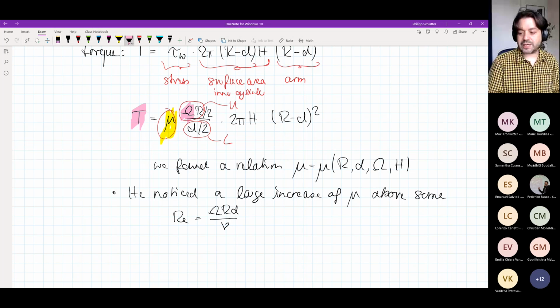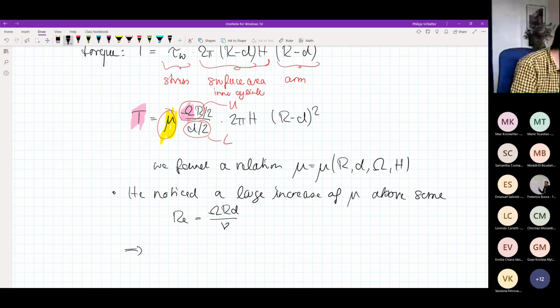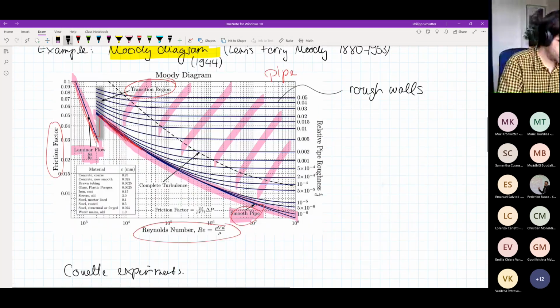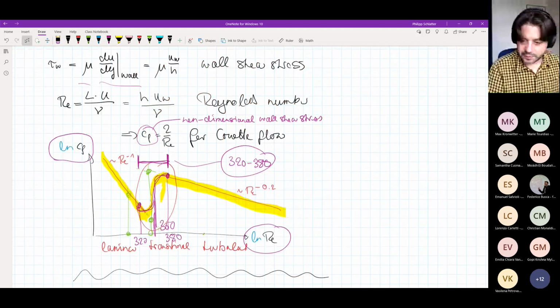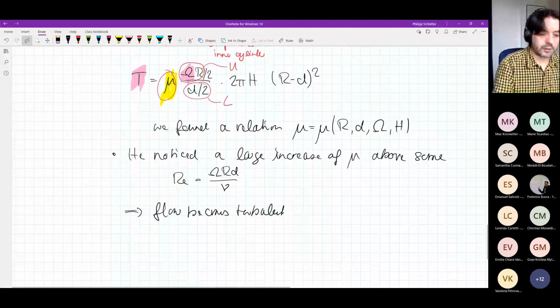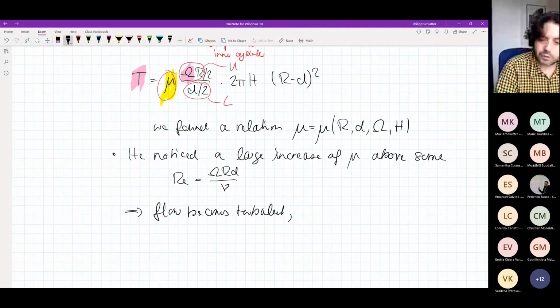And of course, there was a slight problem, because that doesn't really fit together with the idea of a Newtonian fluid, where the viscosity is a constant. It just multiplies the strain rate. Well, of course, now we know what happened. The flow became turbulent. The flow becomes turbulent at a certain Reynolds number, as we have seen here. When the Reynolds number is above 350 or so, then it becomes turbulent. And of course, that has two consequences.